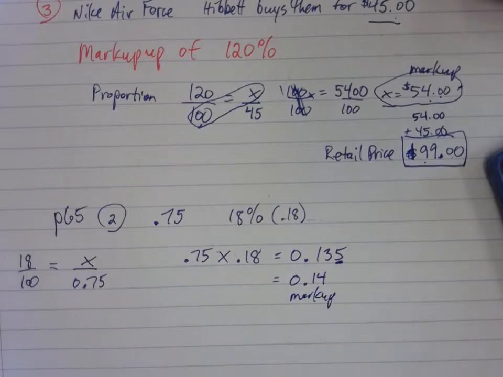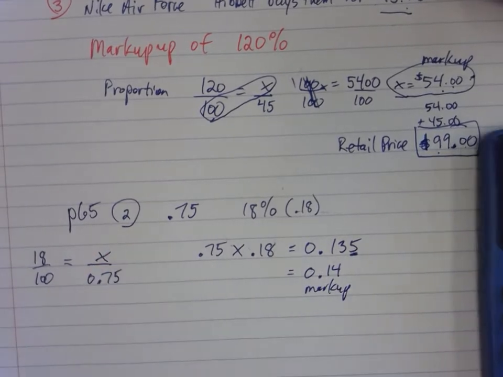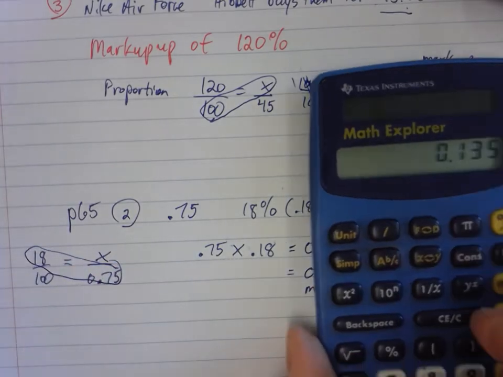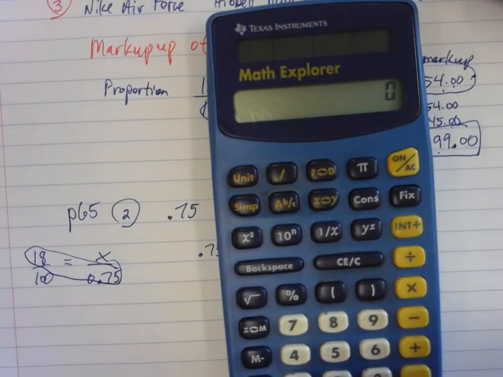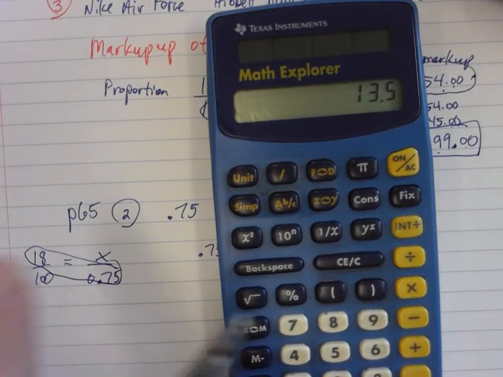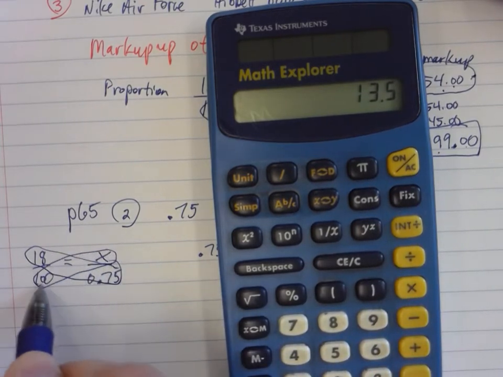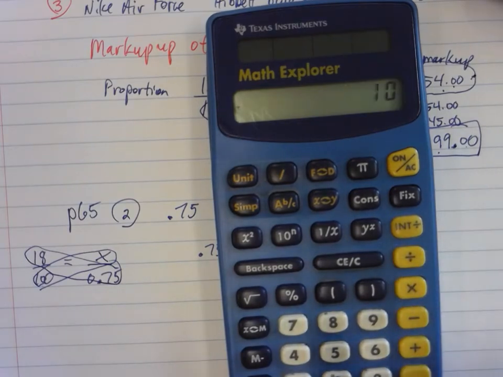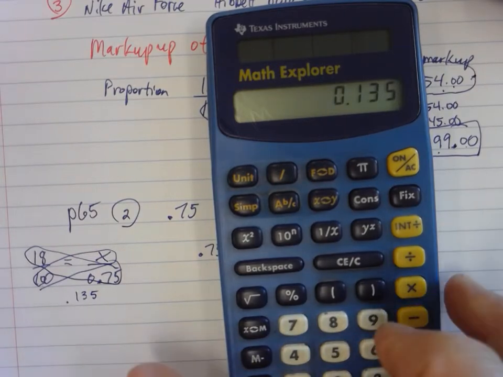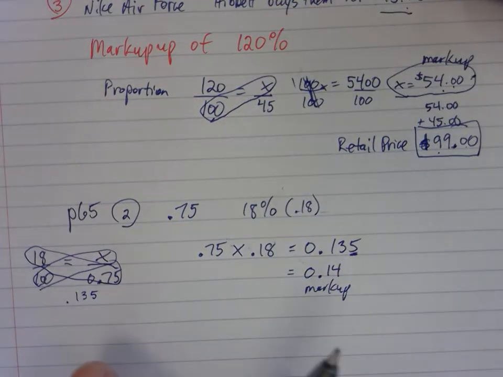If you go back over here and do this problem, you'd get the same thing. Real fast, we'll do 18 times 0.75, and then of course you have to divide that by 100. You can still see you're getting the same thing, 0.135, but you have to round to 14 cents. So either way you do it, you get the same thing.